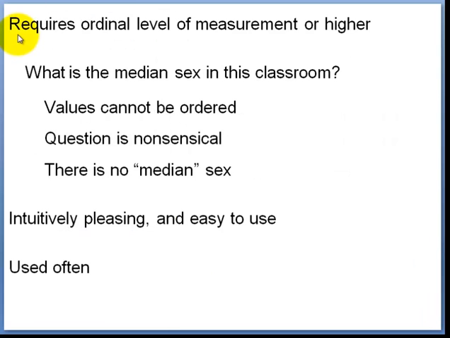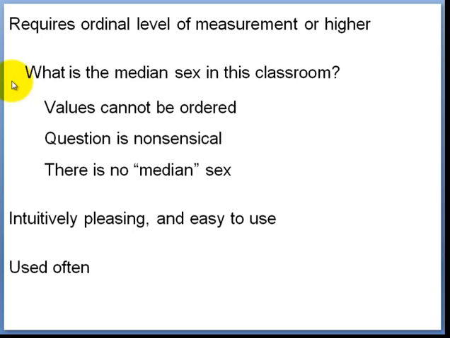Now, the mode is a valid measure for variables at all levels of measurement. On the other hand, the median requires measurement at the ordinal level or higher. For instance, what is the median sex in your classroom?